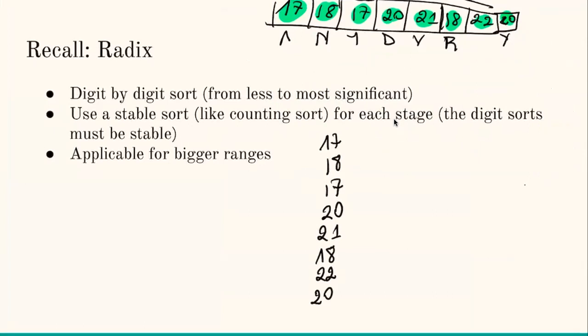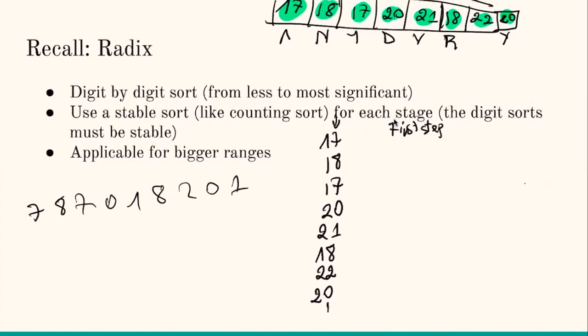For Radix Sort, for the first step, we sort with respect to the last digit. This means that we apply counting sort on this sequence of numbers. It's like we are applying counting sort on 7, 8, 7, 0, 1, 8, 2, 0.